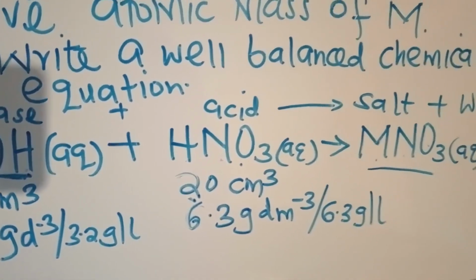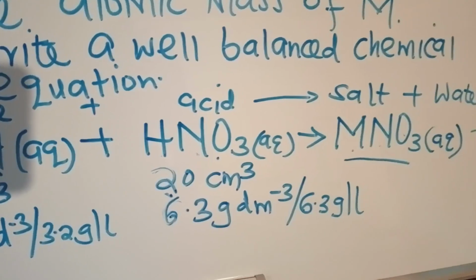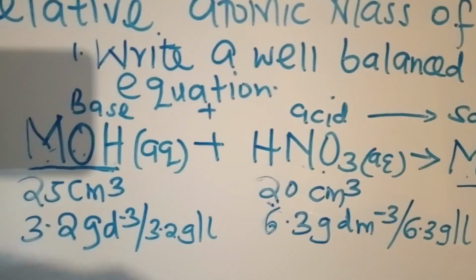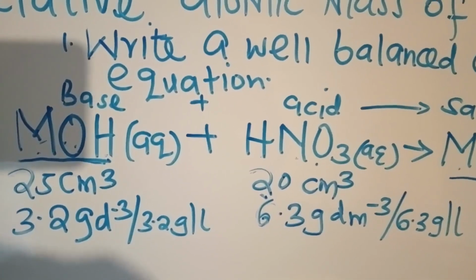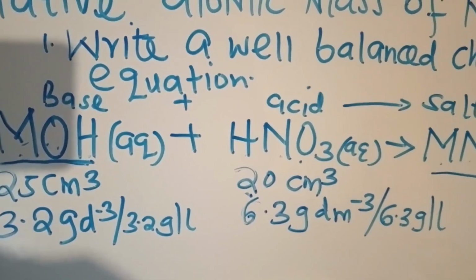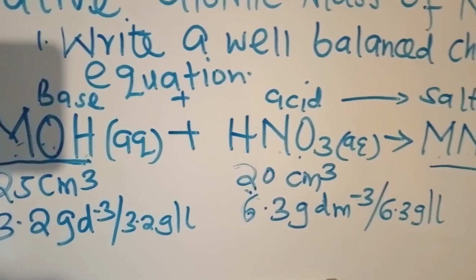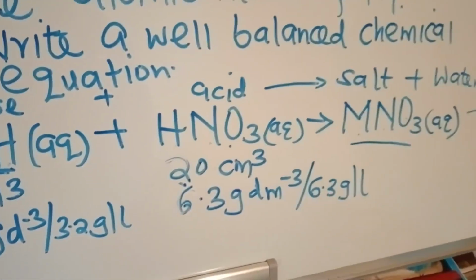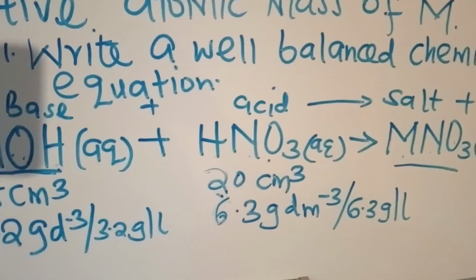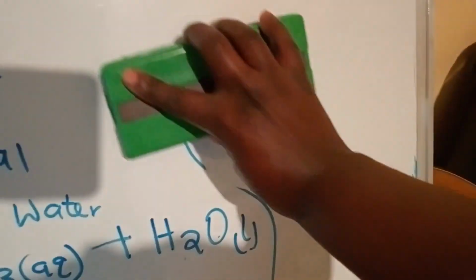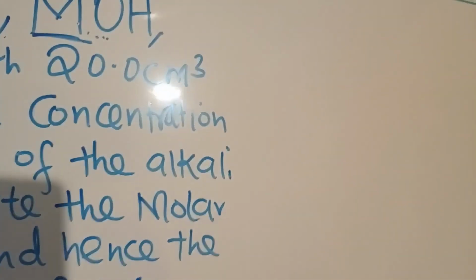That takes you to the calculation, and once you have done this one, you can be very sure that you will get the calculations correct. So let us start. So let us start together.